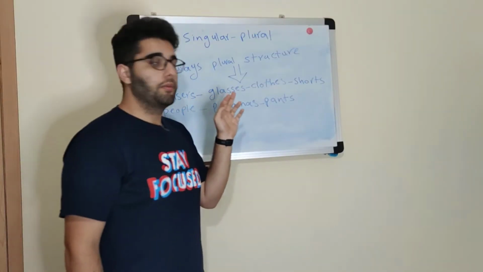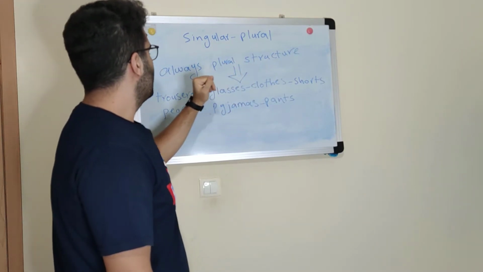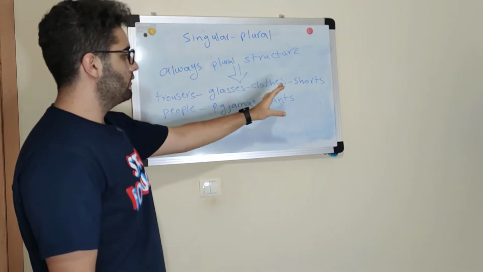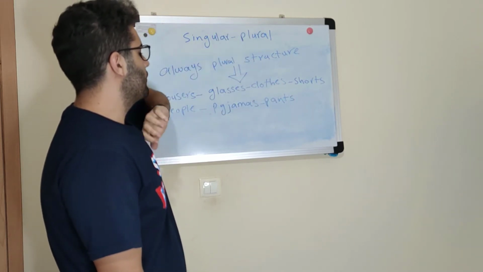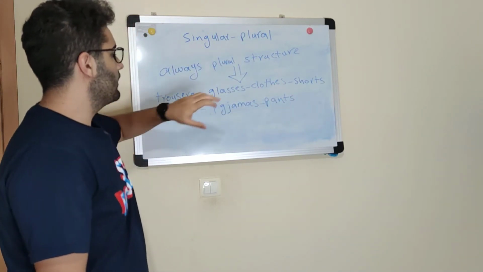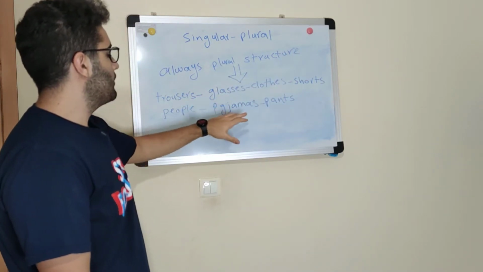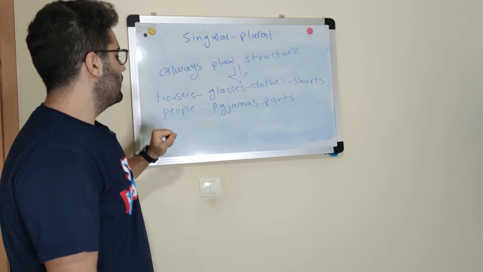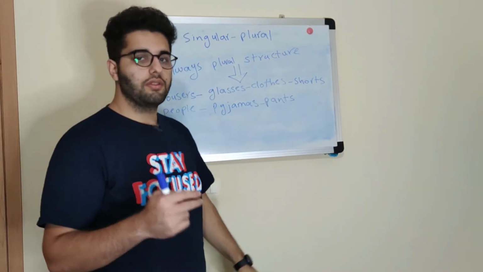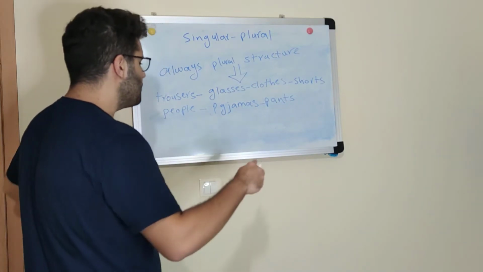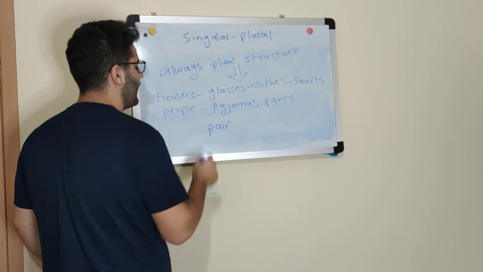The next group, which I have called always plural structure, are these words. These words always are in the plural structure. Like what? Trousers, glasses, clothes, shorts, pants, pajamas, people. For these words, when we want to use them in a sentence, for most of them, we can use the word pair.